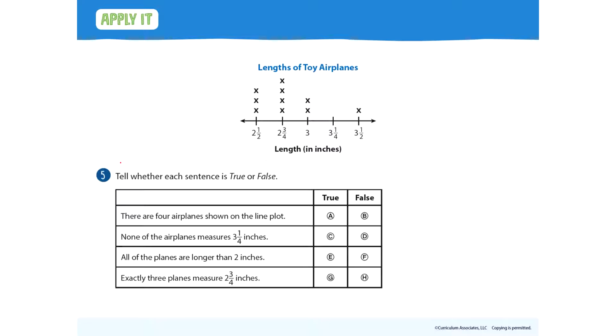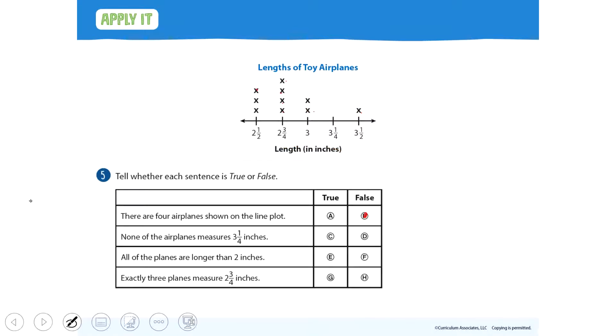Are they these numbers, or are they the X's? They are the X's. So it's how many X's there are. I count 1, 2, 3, 4, 5, 6, 7, 8, 9, 10. So it's not 4 airplanes, so that's false.